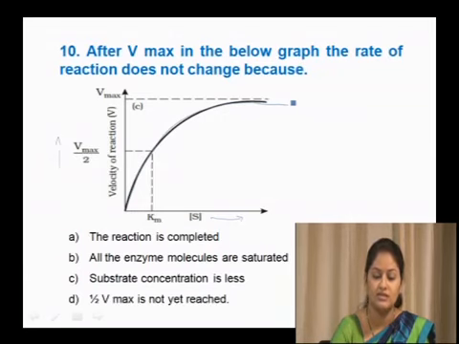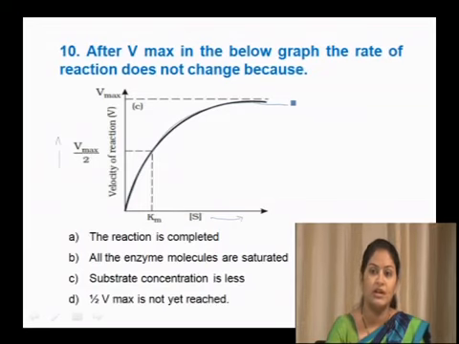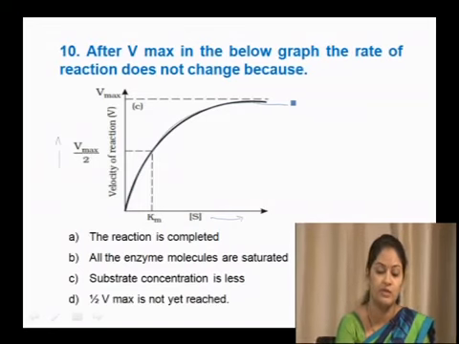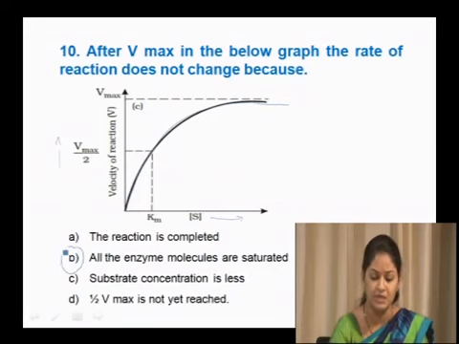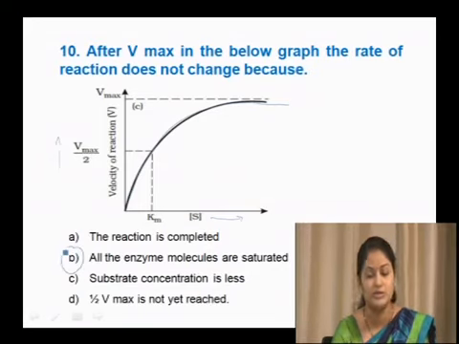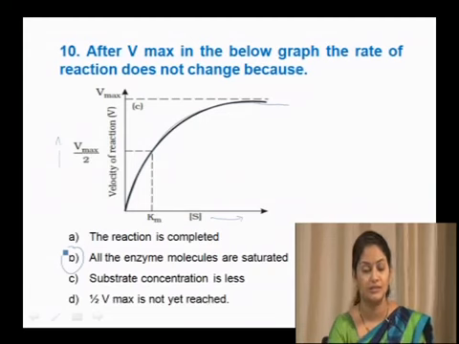The velocity of the reaction does not change after reaching a specific level because all the enzymes are now saturated. Though the substrate is more and more, there are no free enzymes to attach with the substrate and carry out the reaction. Therefore, the option for this question is B. All the enzyme molecules are saturated.